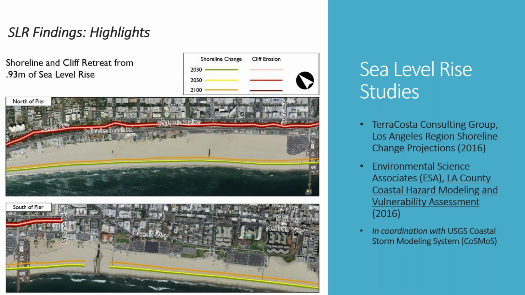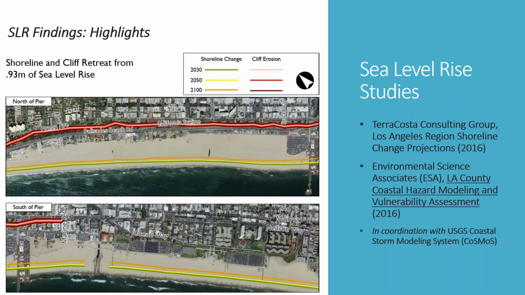These shoreline maps from the Terra Costa study provide graphic illustration of the model results for each of the planning horizon dates. These maps allow for a comparison of impacts at various sea level rise assumptions. This map shows the movement of the shoreline under the first assumption of 3 feet of sea level rise by 2100.